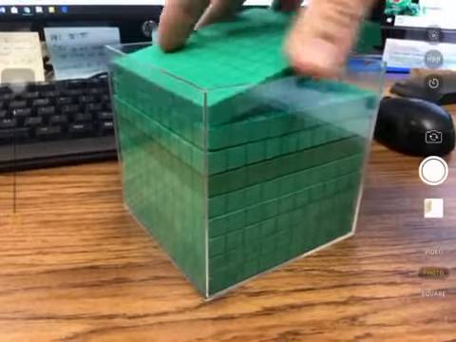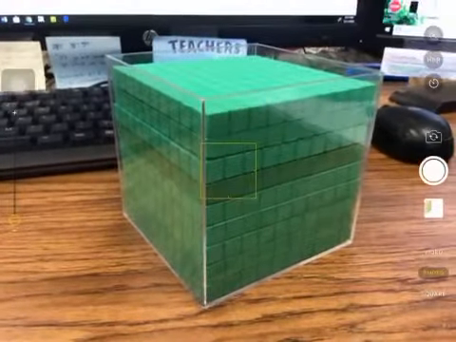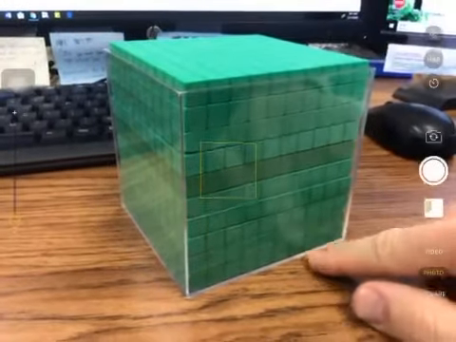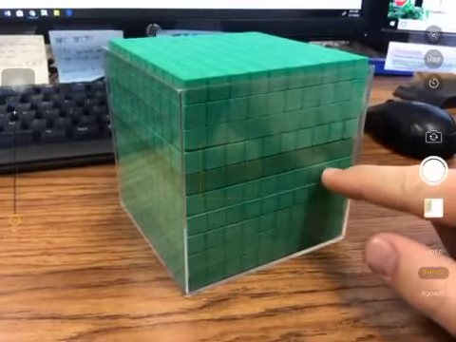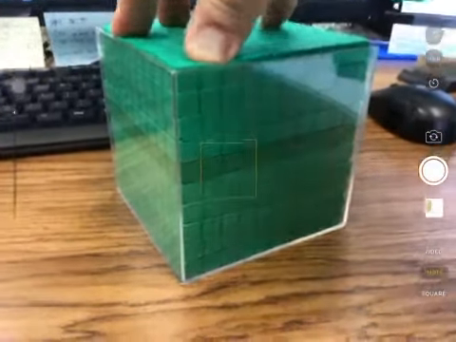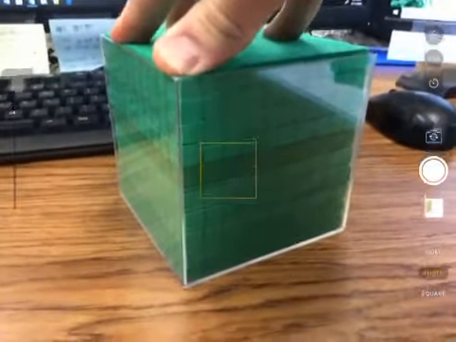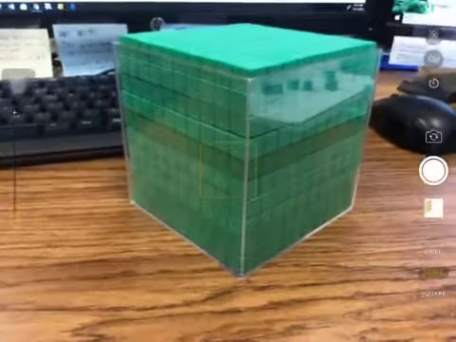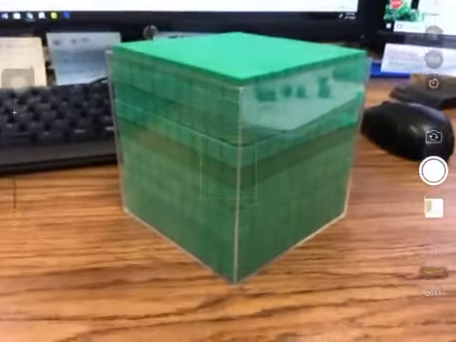All right, so almost to the top here, and I've got 1, 2, 3, 4, 5, 6, 7, 8, 9, 10. So if I compact that down, how many cubic units is that? What's the volume of this shape?